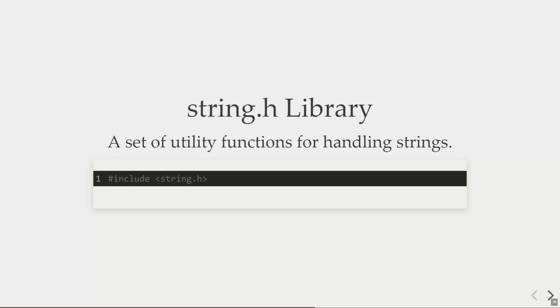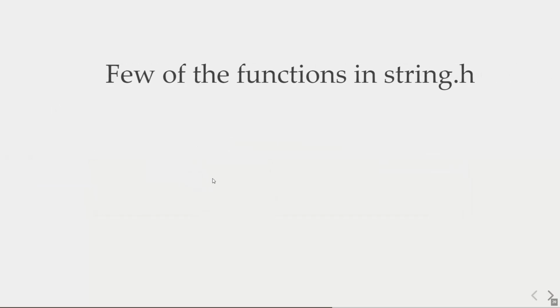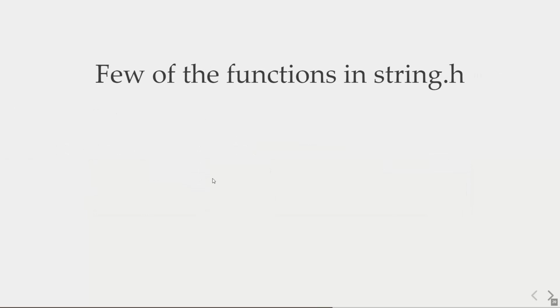The way you include it in your header is with #include string.h. These are basically utility functions to handle strings in a better way. We will see different functions in this string.h library.